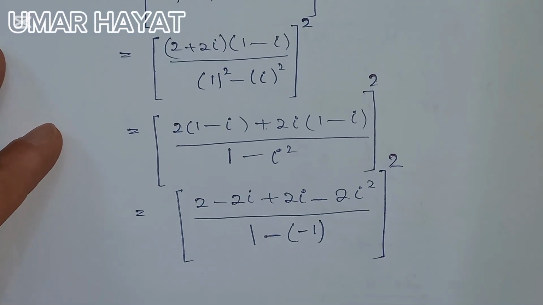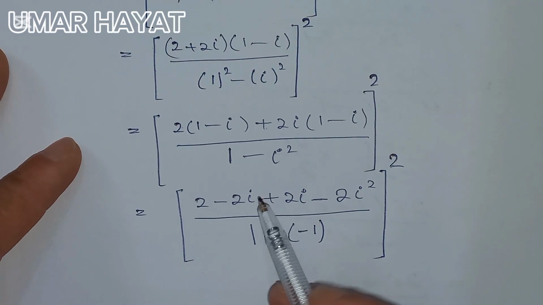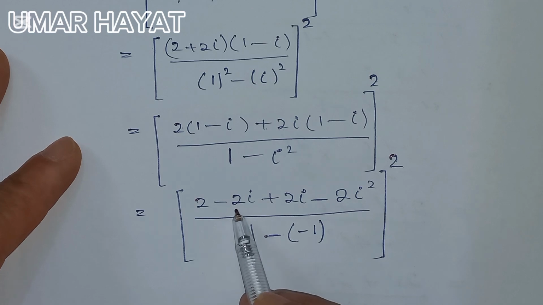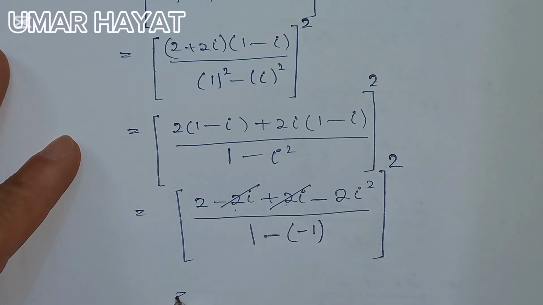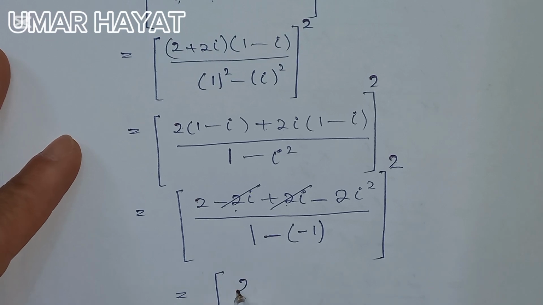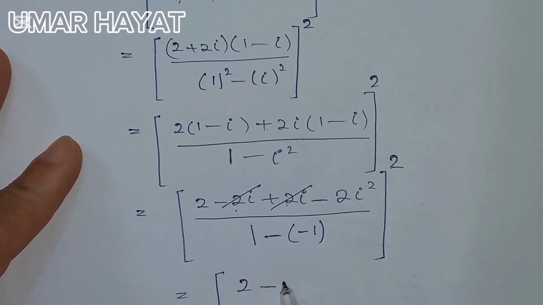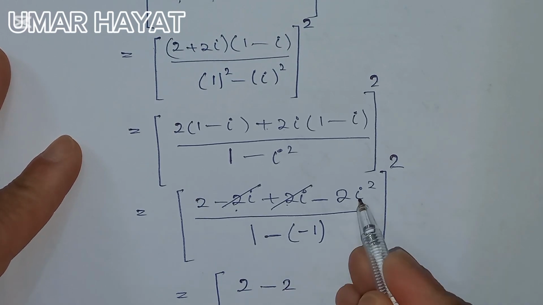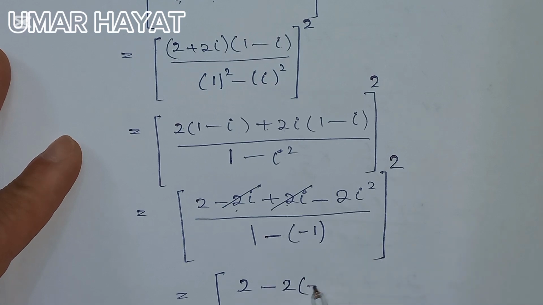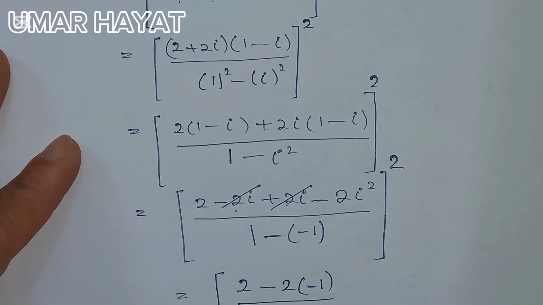Now the next step is minus 2 iota and plus 2 iota cancel each other, and the next step is 2 minus 2 iota square, and iota square is equal to minus 1, so we replace iota square by minus 1, and in denominator 1 minus minus, plus 1, whole square.